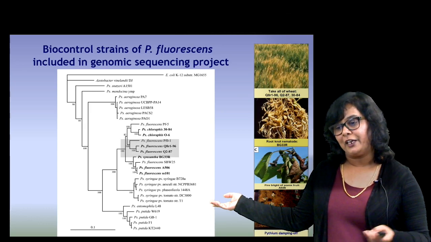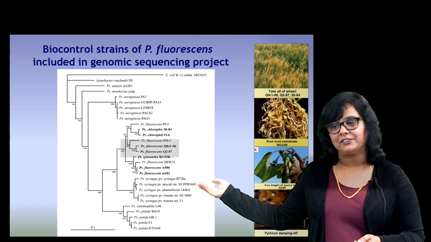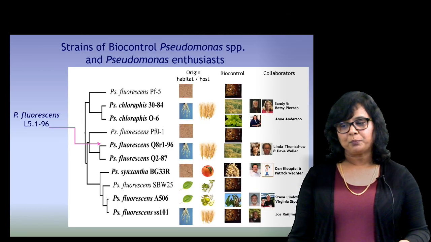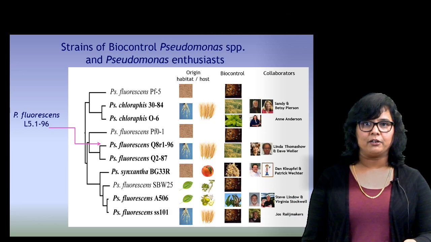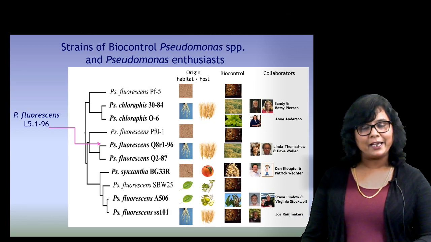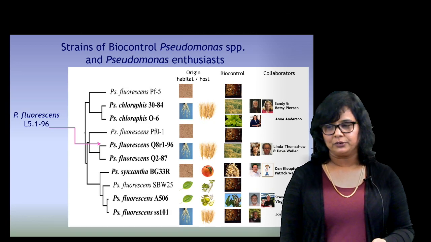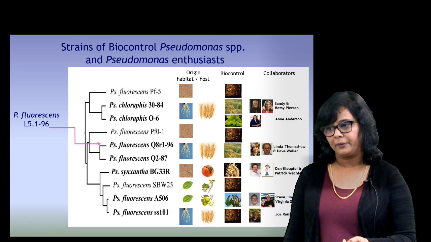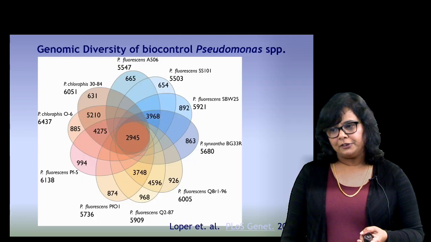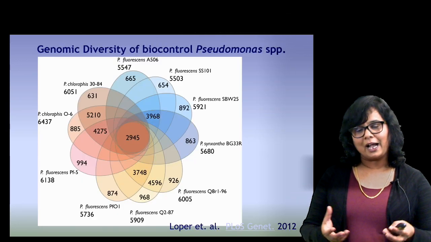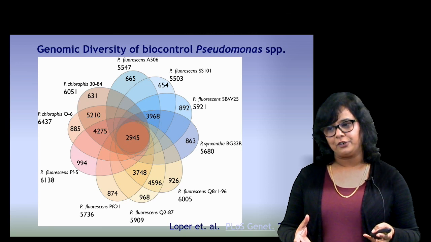And we want to understand, for example, where would L5196 fall in this family tree, right? We expect that it's going to be close to the Q8R196 branch of the family, but we need to know that in order to do that, we have to know the sequence, which is what you're doing. The basic research question then we're trying to answer is, how do these strains relate to each other?